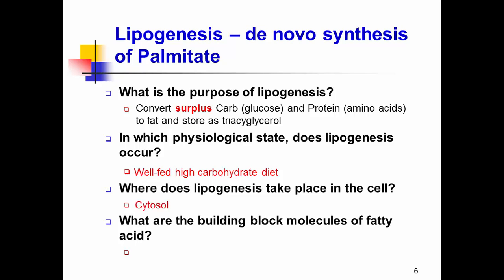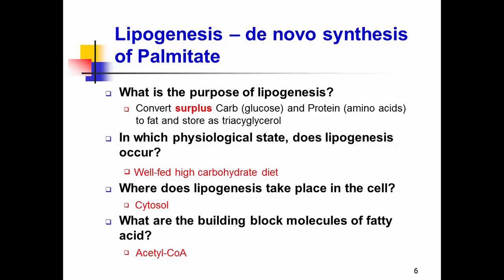And what are the building block molecules of fatty acids? What are fatty acids made of? No, fatty acids. Acetyl-CoA, right?